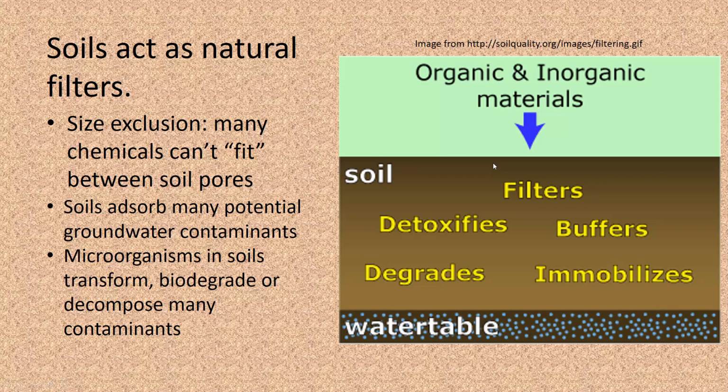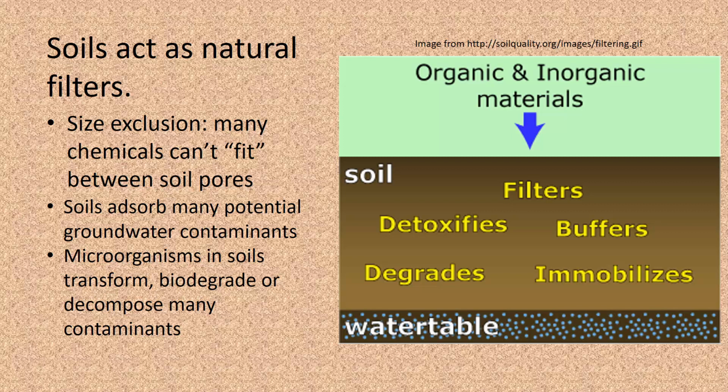Some soil particles are very small, and the pore space between them is also very small, and so some chemicals are excluded just because of their size. Soils also have a reactive surface, and so they are able to absorb many potential groundwater contaminants. And so literally those contaminants and chemicals stick onto the surface of soils and are retained.